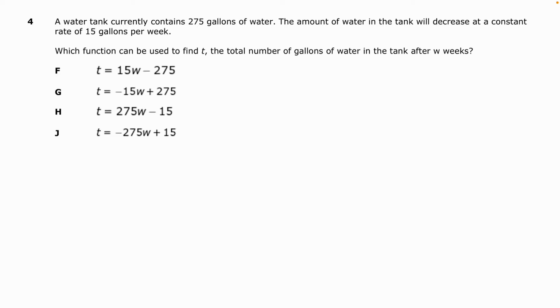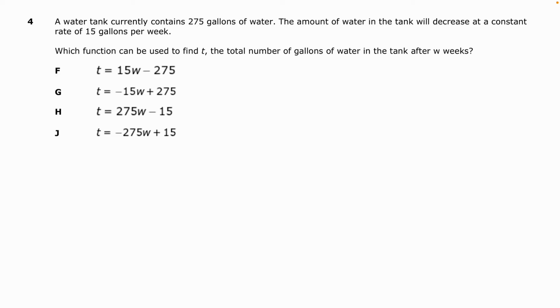So remember, a linear relationship is comparing two variables. One of those variables is changing as a result of the other one also changing. So if we take a look here, we look for a magic word when it comes to word problems that deal with linear relationships.